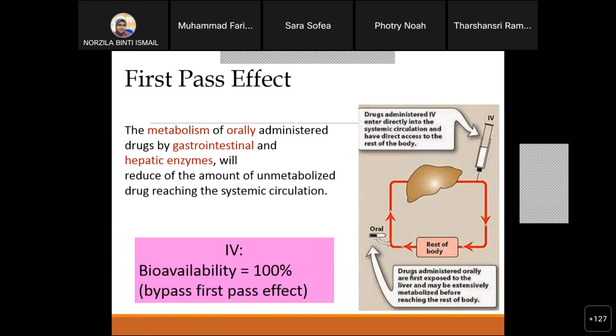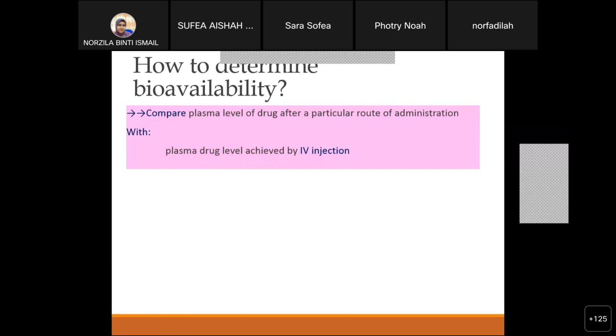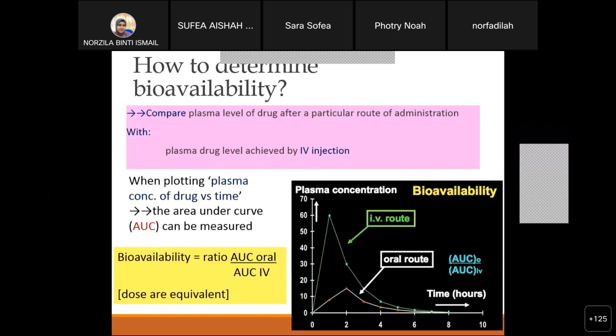Okay, we can also compare the plasma level from any routes other than IV, and compare with the plasma drug level achieved by IV injection. This one is by plotting a graph, okay? Let's say we give both by oral and IV routes. Normally, this one is calculated for developing new drugs, okay? When we develop new drugs, we have to calculate the bioavailability.